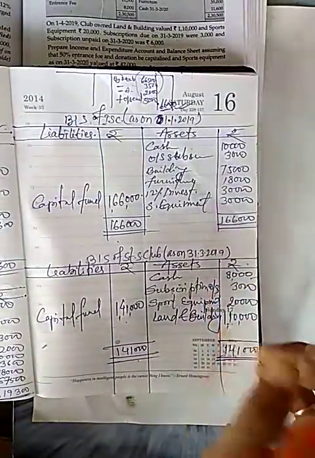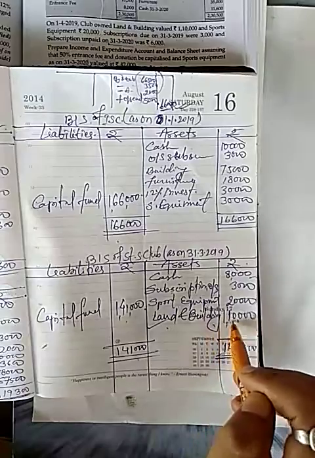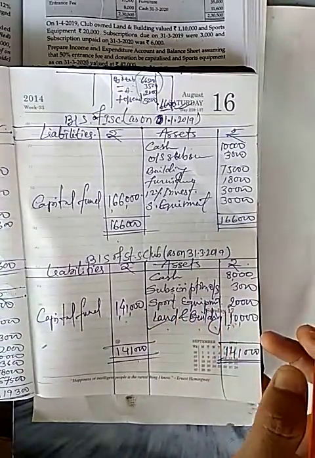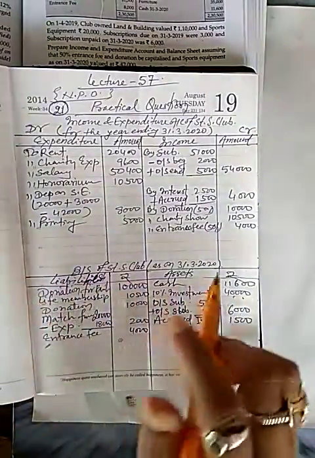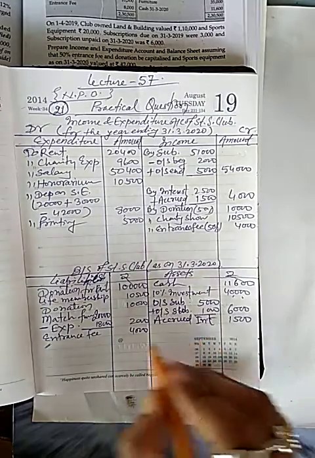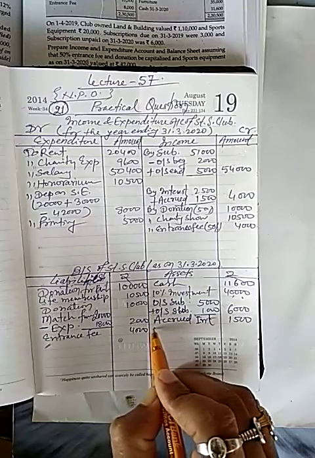Now from the previous year balance sheet, I will bring building to next year. Sport equipment is given. So now I will write furniture first. Furniture is also given in the question.